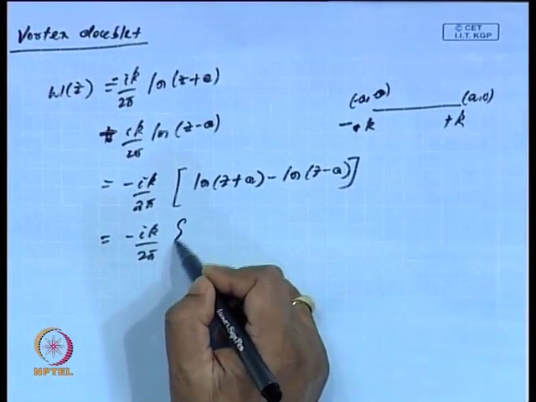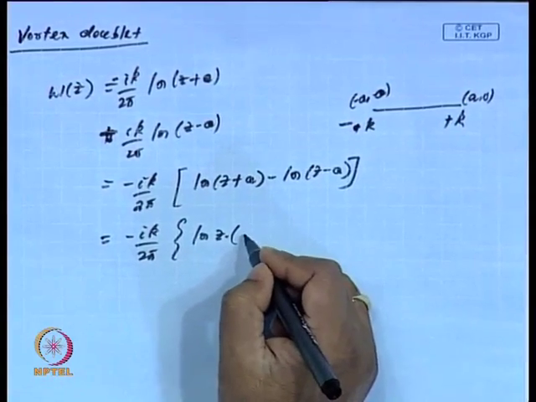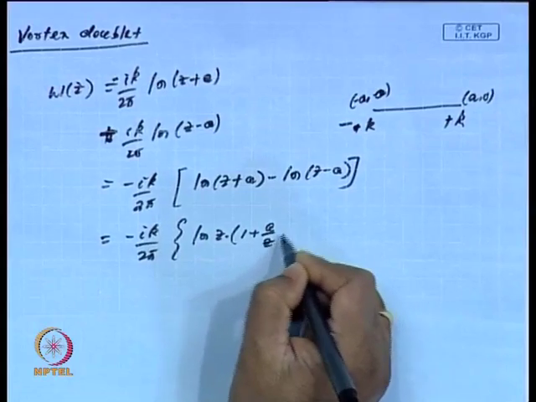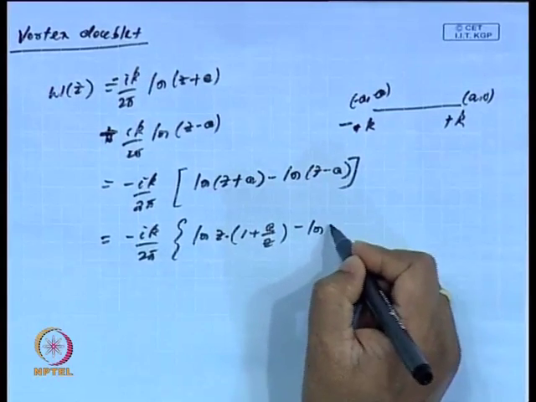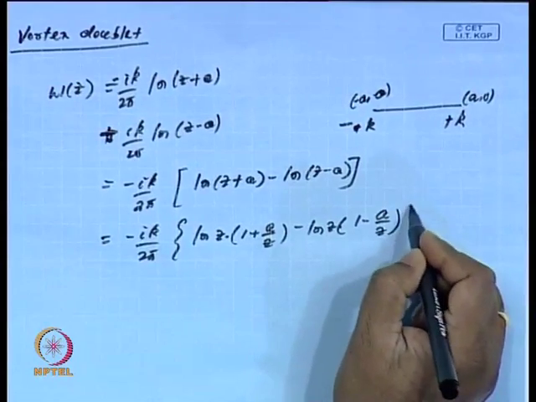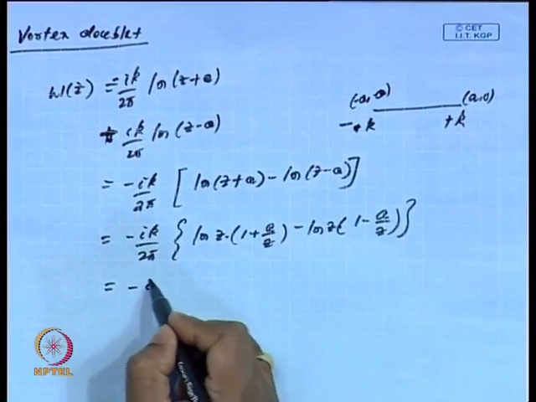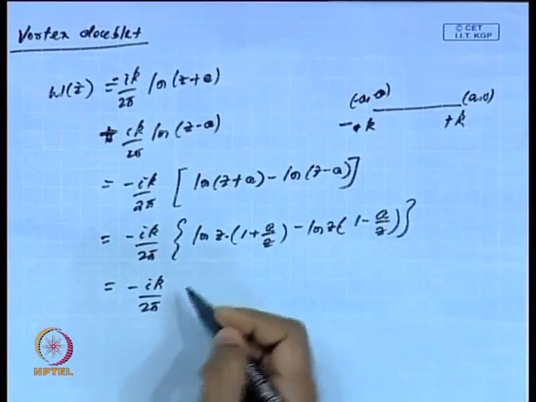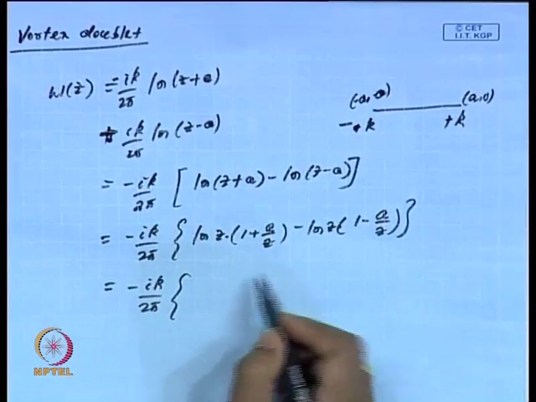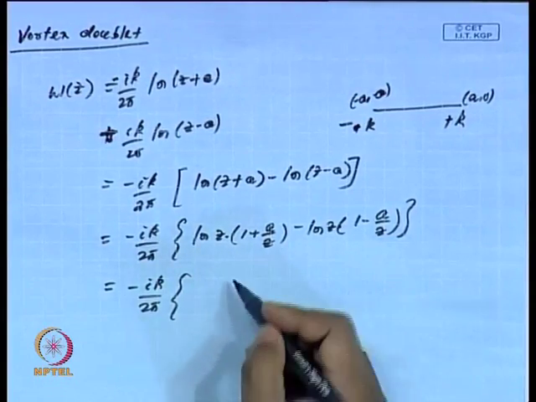Then this can be simplified further. I call it minus i k by 2 pi into, I can always write, log z into 1 plus a by z minus log z into 1 minus a by z. This gives me minus i k by 2 pi, and because the first term is log z and there is a minus log z, that will be 0.